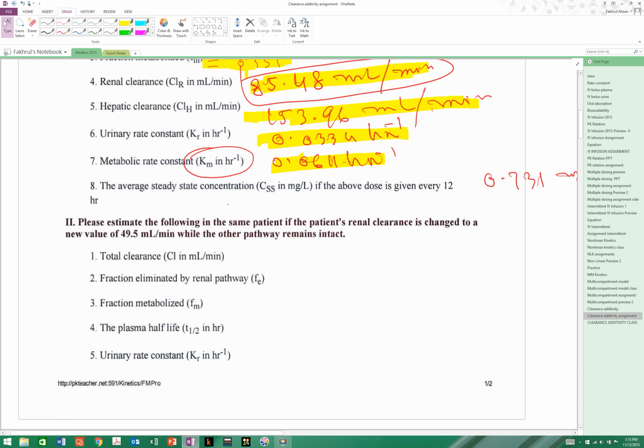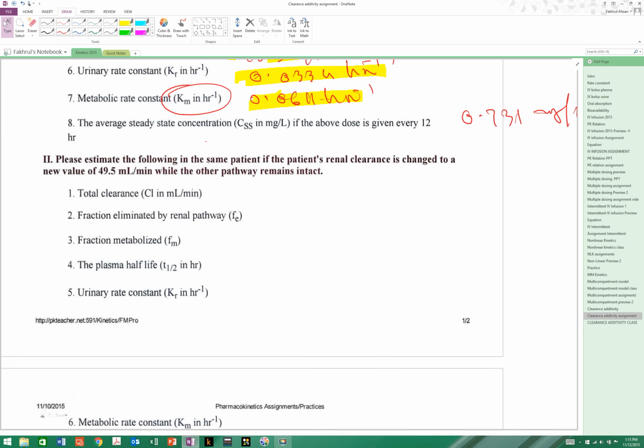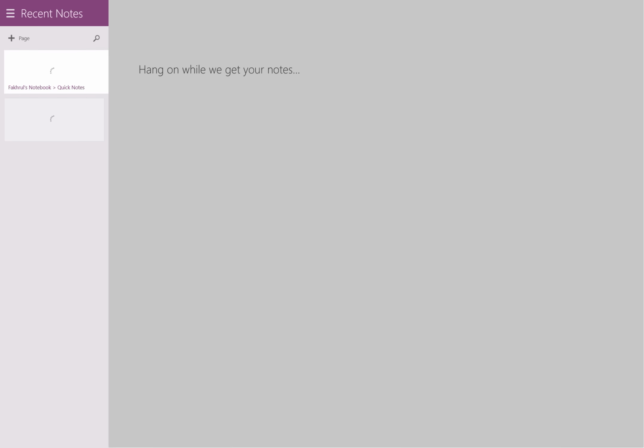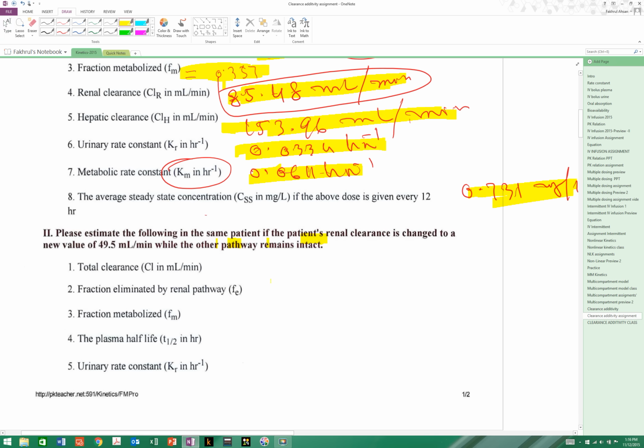So once we have all those data, we have to do some more calculation. Let's mark this C average, because in this problem we have to use the previous data. Now it is asking, if the same patient's clearance changed to this.